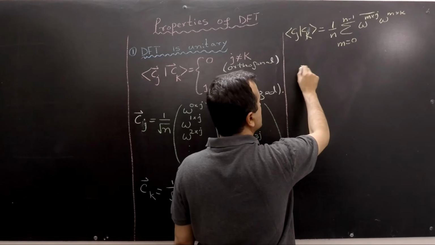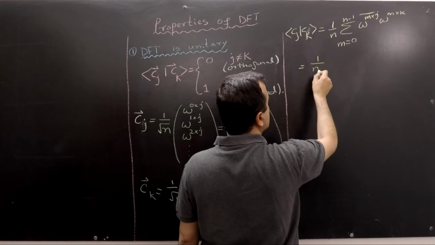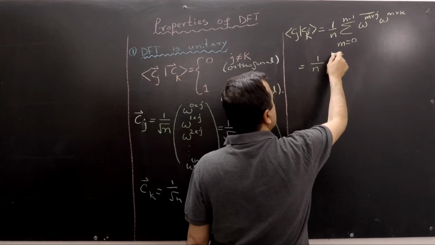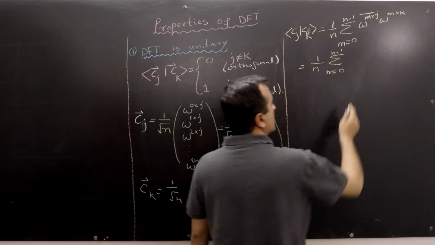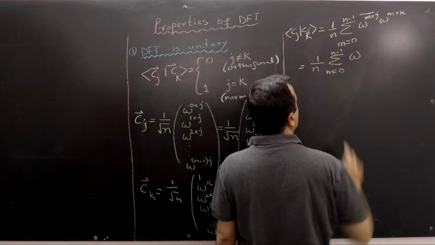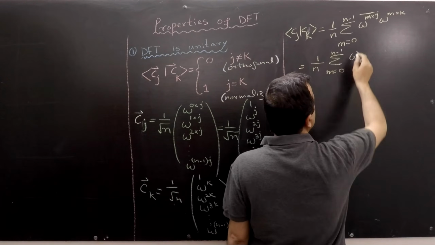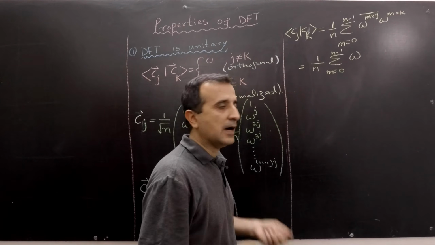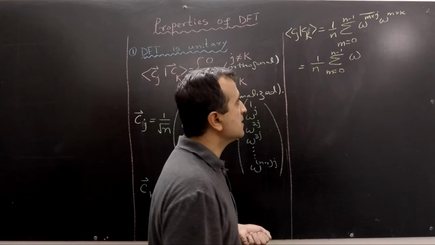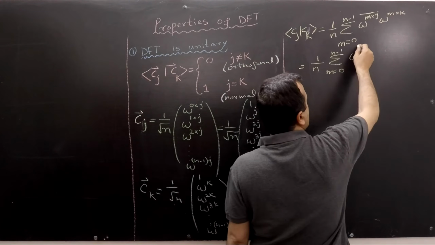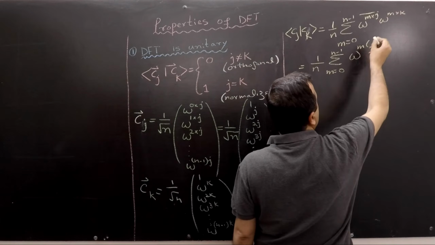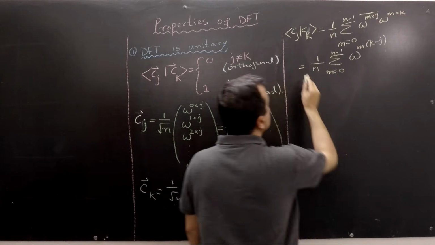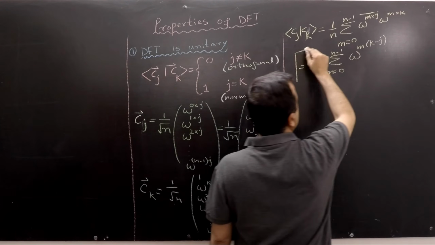This will be equal to 1 over n summation m equals 0 to n minus 1 of omega raised to power m times k minus j, because the sign of the exponent changes because of the conjugate. So this is our dot product.